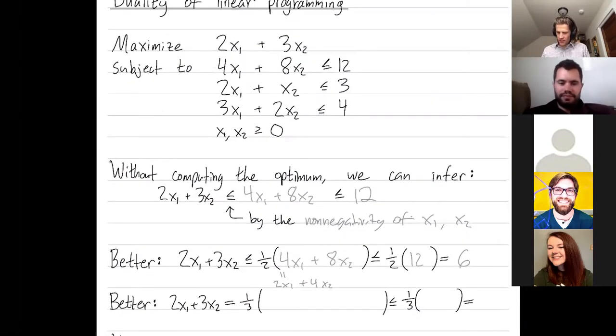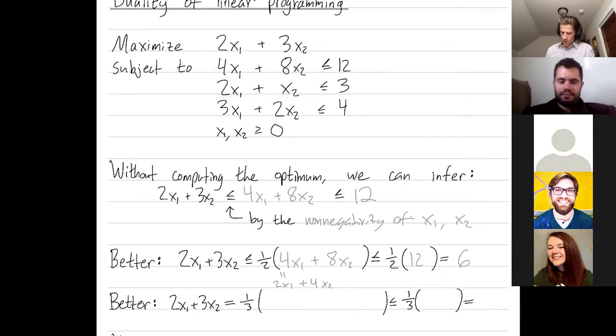Let's keep searching. I won't really tell you how I or the book found this next one, but it turns out that if I take 1/3 of this equation plus 1/3 of this equation, I can get an even better bound.